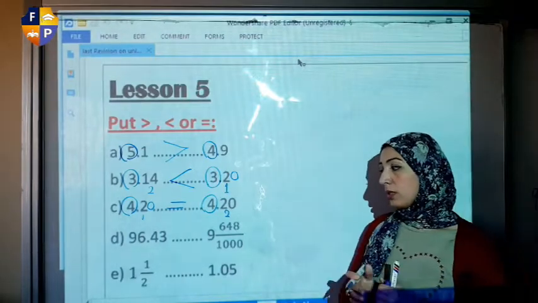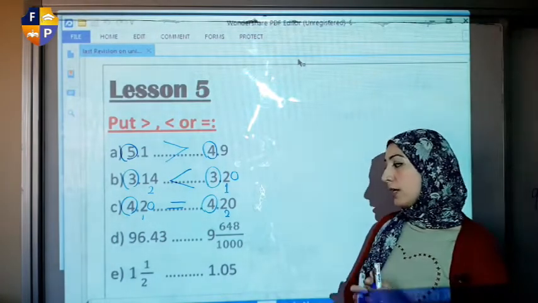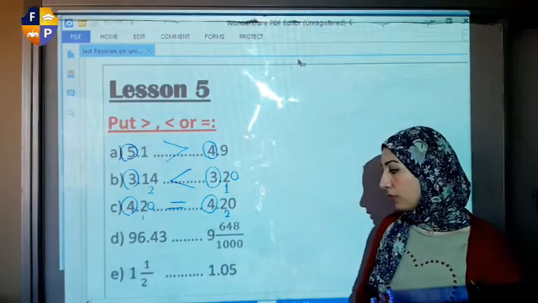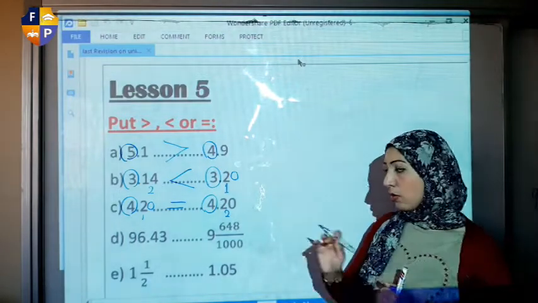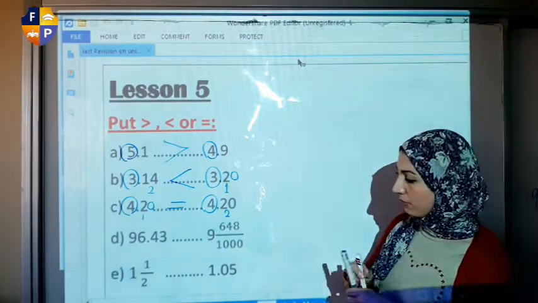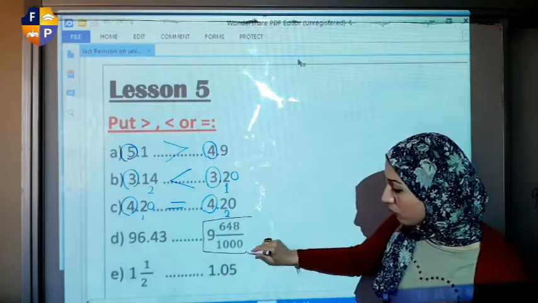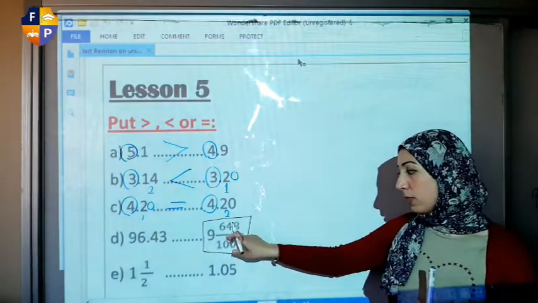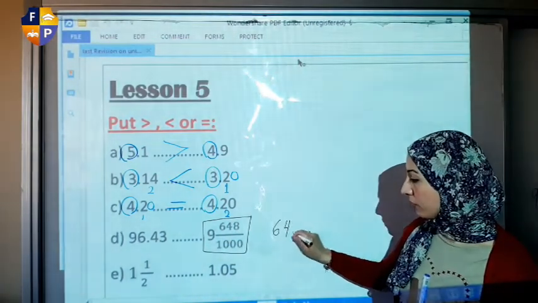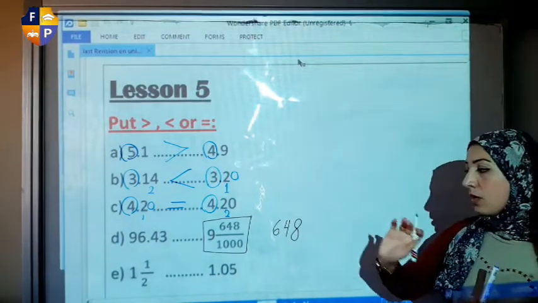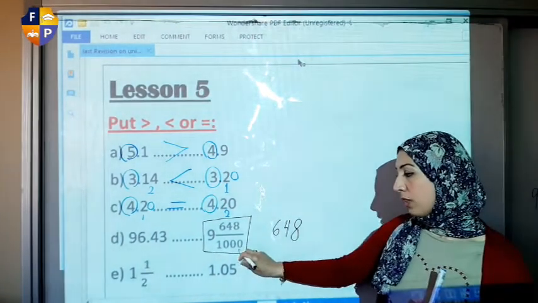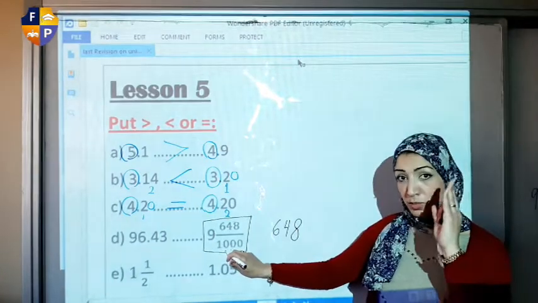Next one, 96.43 and 9 and 648 over 1000. First we have to change this mixed into decimal. First we will write 648 and decimal point will be after 3 digits because we have 3 zeros.